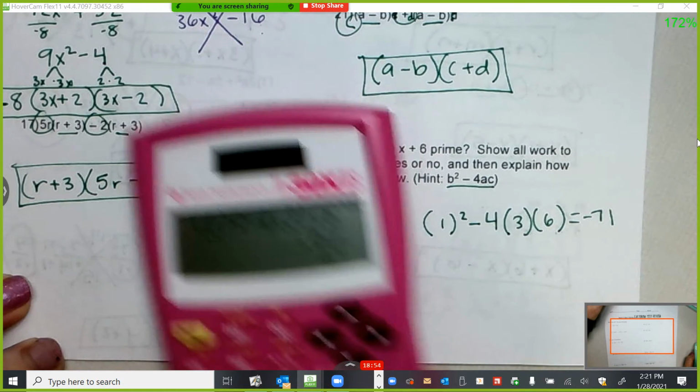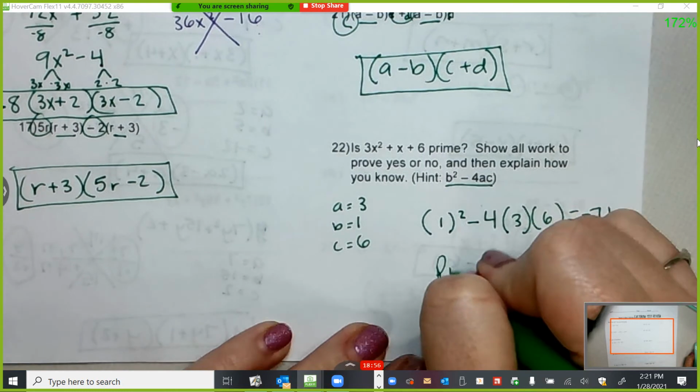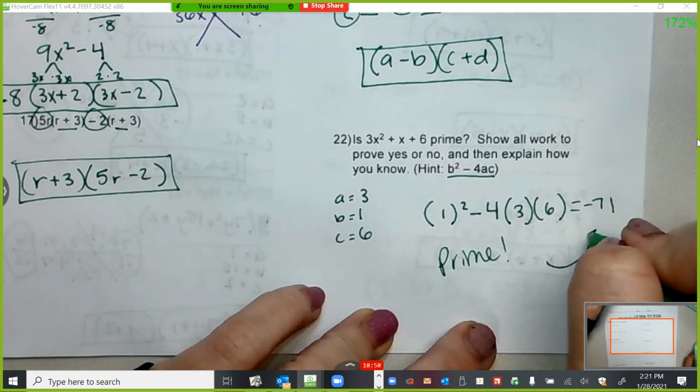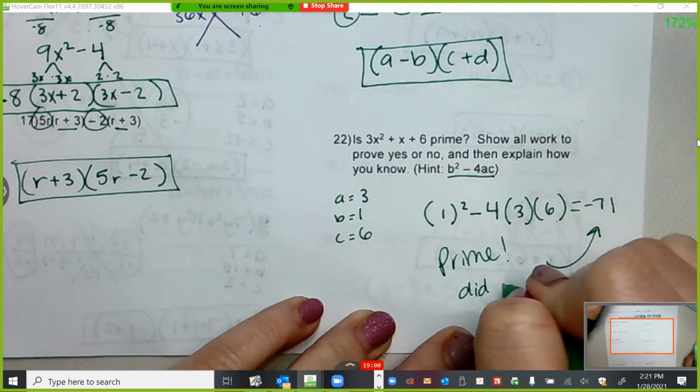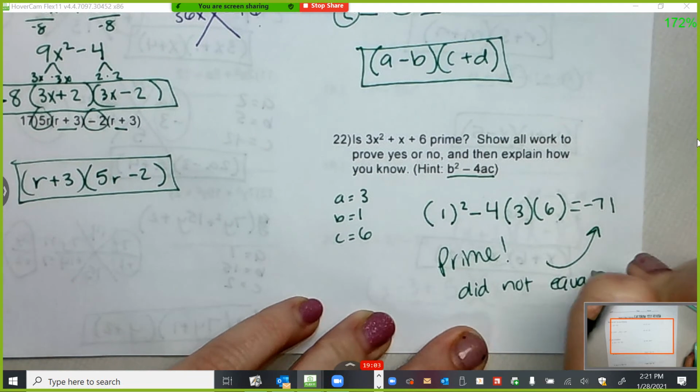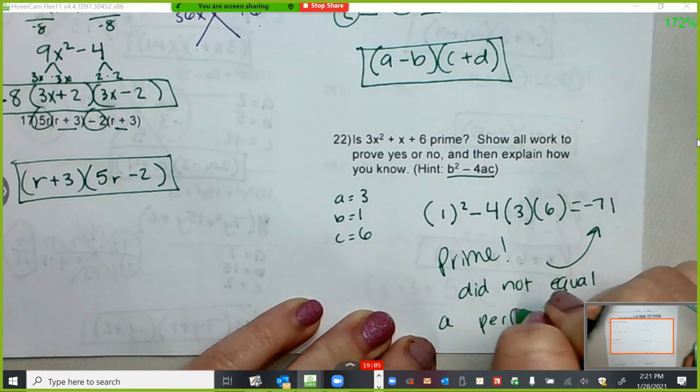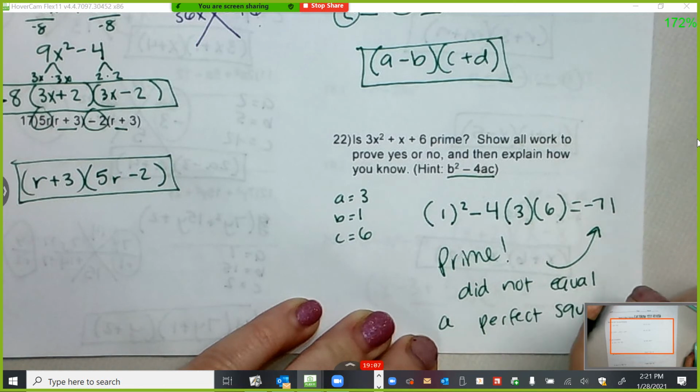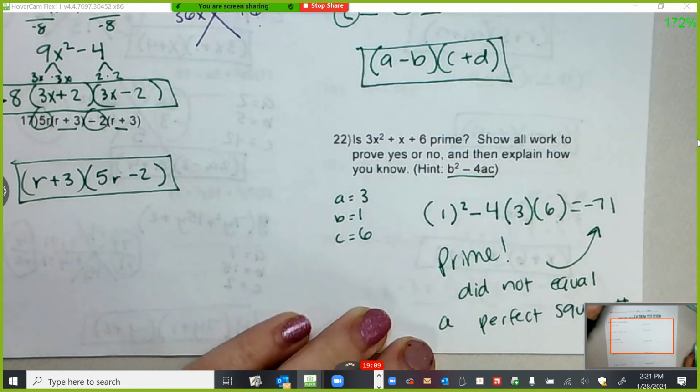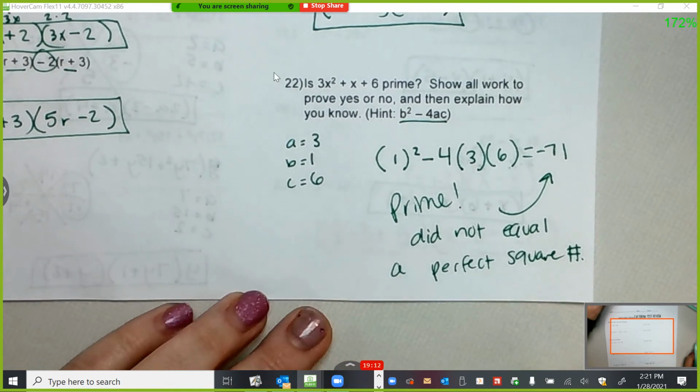Therefore, it is prime because it did not equal a perfect square number. Okay, it's prime because it did not equal a perfect square number.